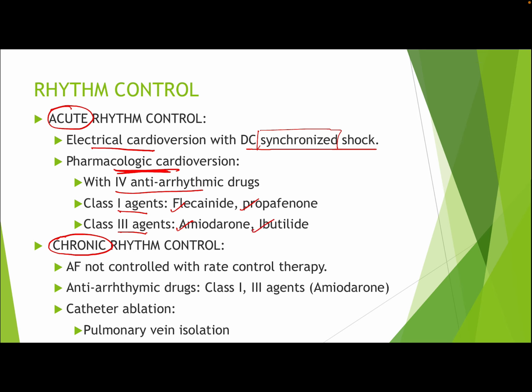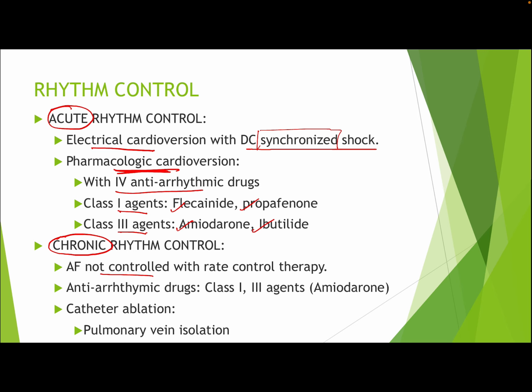For chronic rhythm control strategy, we usually go for this if the AF is not controlled with a rate control strategy itself. And again, here we use antiarrhythmic drugs like the class 1 and class 3 agents. But here it's important to know that class 1 agents are contraindicated in patients with structural heart diseases like coronary artery disease, LV dysfunction, LV hypertrophy, because these patients do have a high risk of arrhythmias when they are put on these antiarrhythmic drugs.